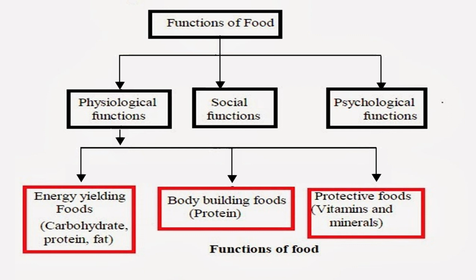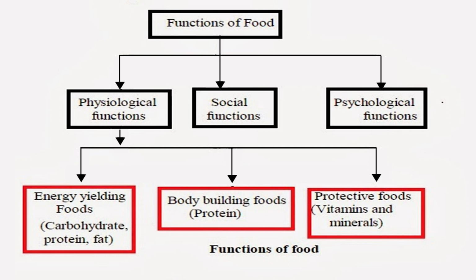The main is the physiological function performed by the food we eat. The food gives us the energy to carry out the activities. You learned that the food gives us the building block for making or building the body. It helps in maintaining the body, and food protects us from disease and it regulates the various processes of the body.